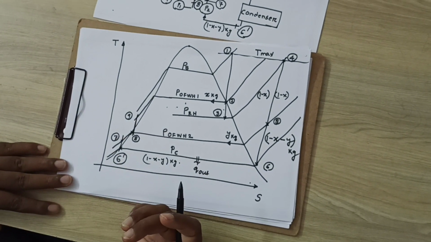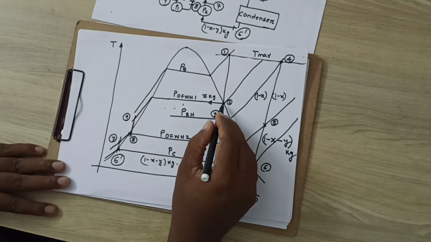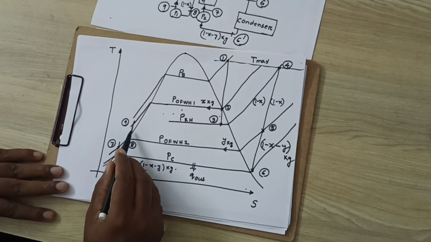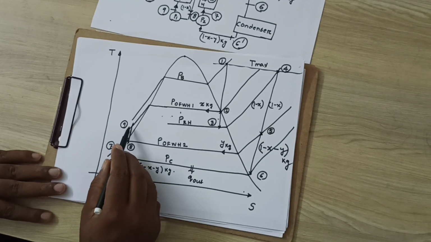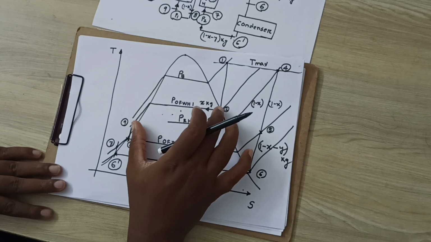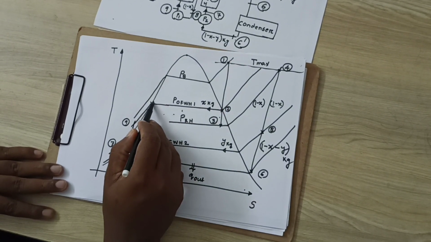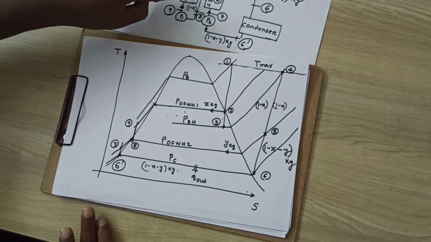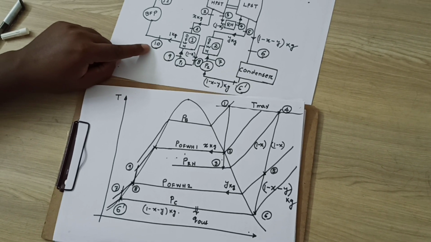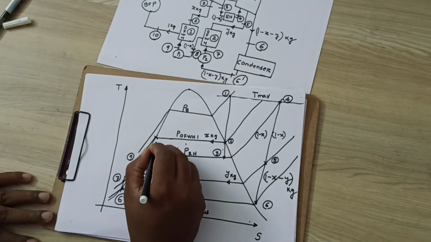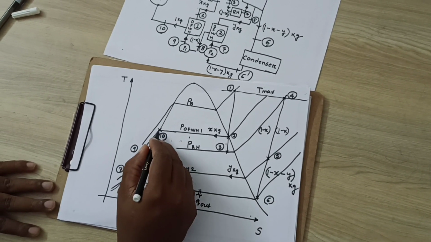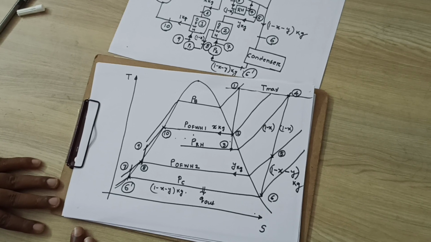Again there will be an energy interaction: x kg of steam at state point 2, and 1 minus x kg at state point 9. Both interact, and the output is saturated liquid going out from OFWH1, represented by state point 10. Okay, understood?